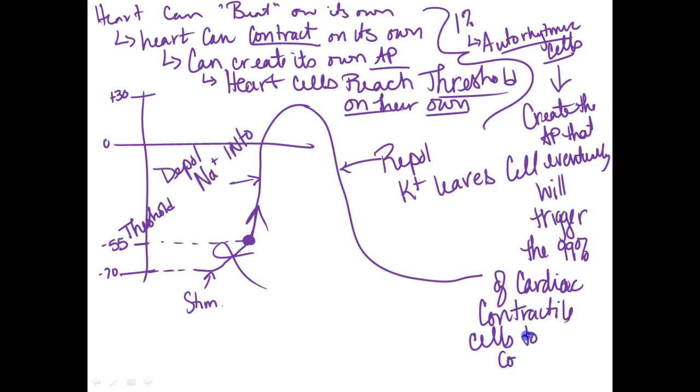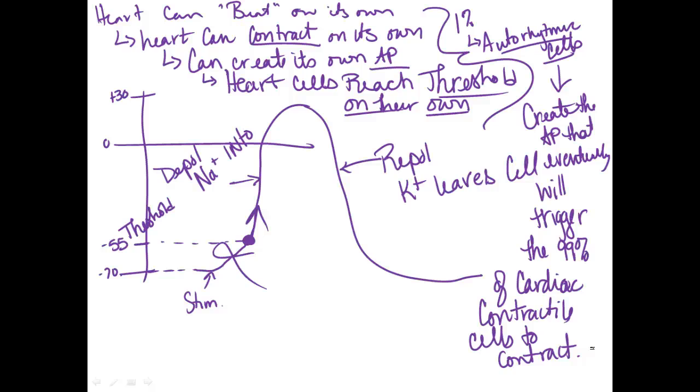Okay. So again, it's this 1% of the autorhythmic cells that will create the action potential that then triggers the remaining 99% of contractile cells, the cells that actually do the contracting, to actually trigger them to work, to contract.